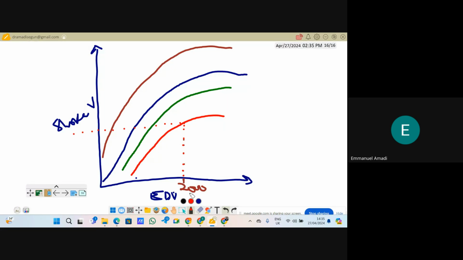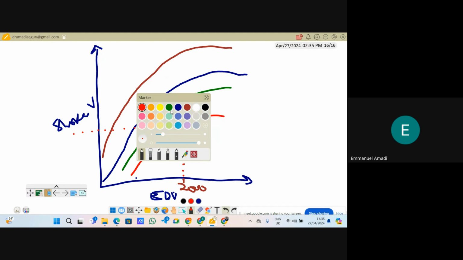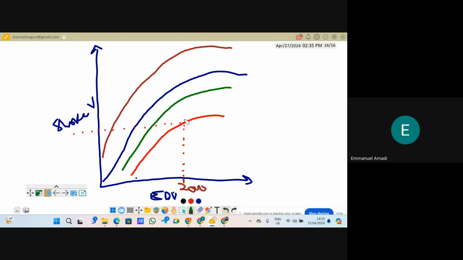Now let us trace the stroke volume of the green. That is the next curve from this same end diastolic volume of 2000. Look at the stroke volume. It is a bit higher than what we have in the red curve. Remember, the blue is the normal. They must always tell you what is the normal. Now, let us trace the blue, still from the 2000.